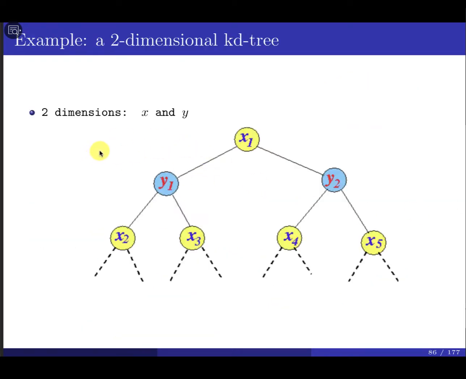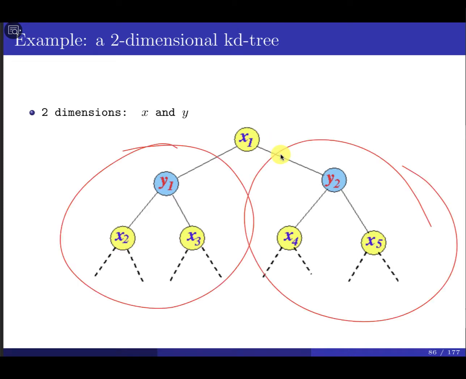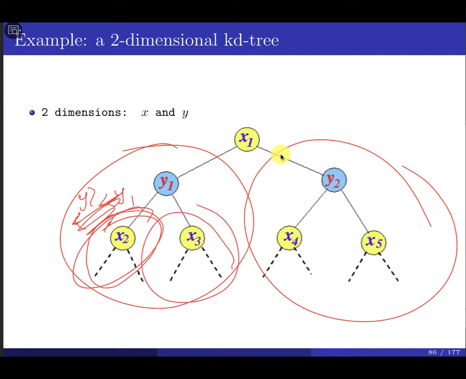So here, the first dimension is going to be x1, based on x, the specific value of x at the time. All of them in the left subtree are going to be less than x1, and the right subtree is going to be greater than x1. And here, the second dimension is based on y. Of course, we have different values. So the left subtree is going to be all the values less than y1, and here, all the values are going to be greater than y1.